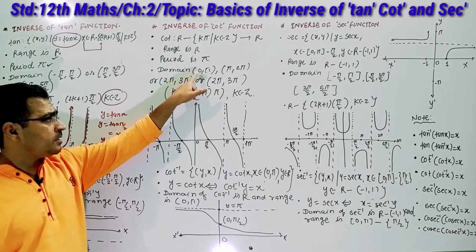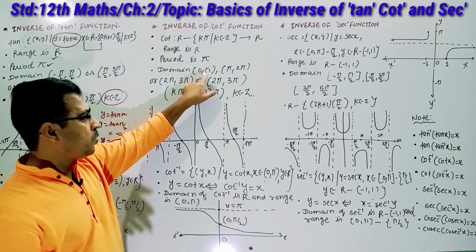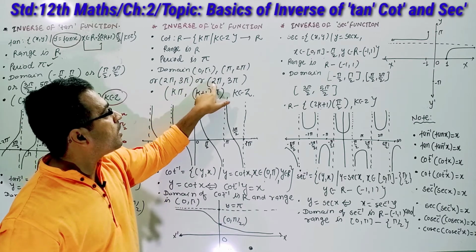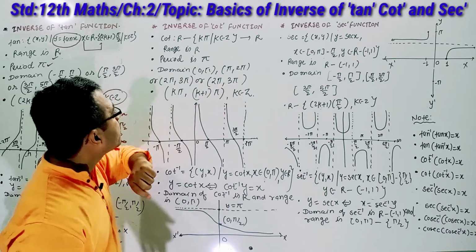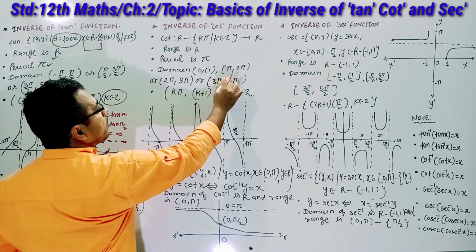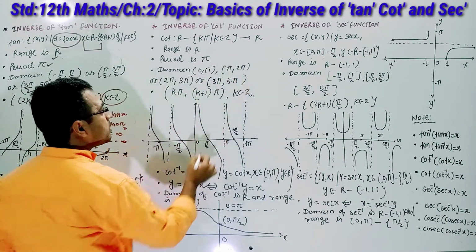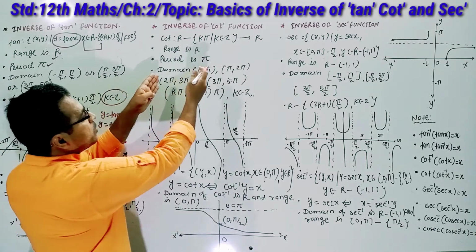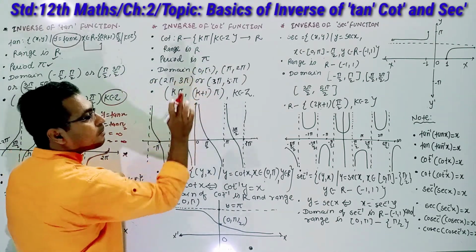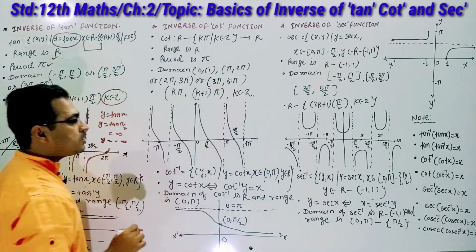Its domain intervals are 0 to pi, pi to 2 pi, 2 pi to 3 pi, and so on. All these domains can be written in the general form k pi to (k plus 1) pi, where k belongs to Z.